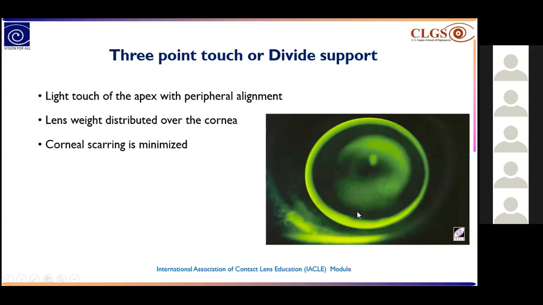This type of fitting gives good movement, and from the patient's point of view it is more comfortable as compared to apical clearance or apical bearing. So this will be considered an ideal fitting philosophy.